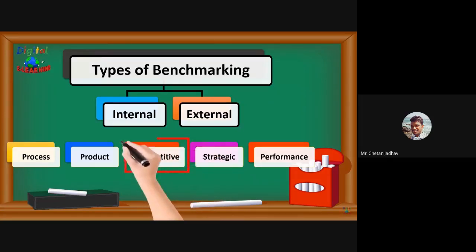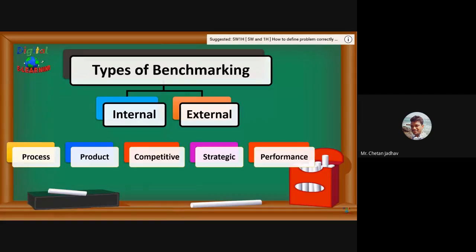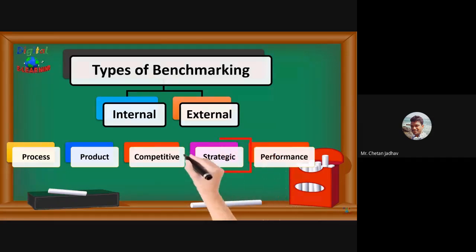Competitive benchmarking. So competitive benchmarking is used when the company wants to evaluate its position within its industry. In addition, competitive benchmarking is used when a company needs to identify industry leadership performance targets. Strategic benchmarking. In this case, they would compare the winning strategies of companies in the marketplace.